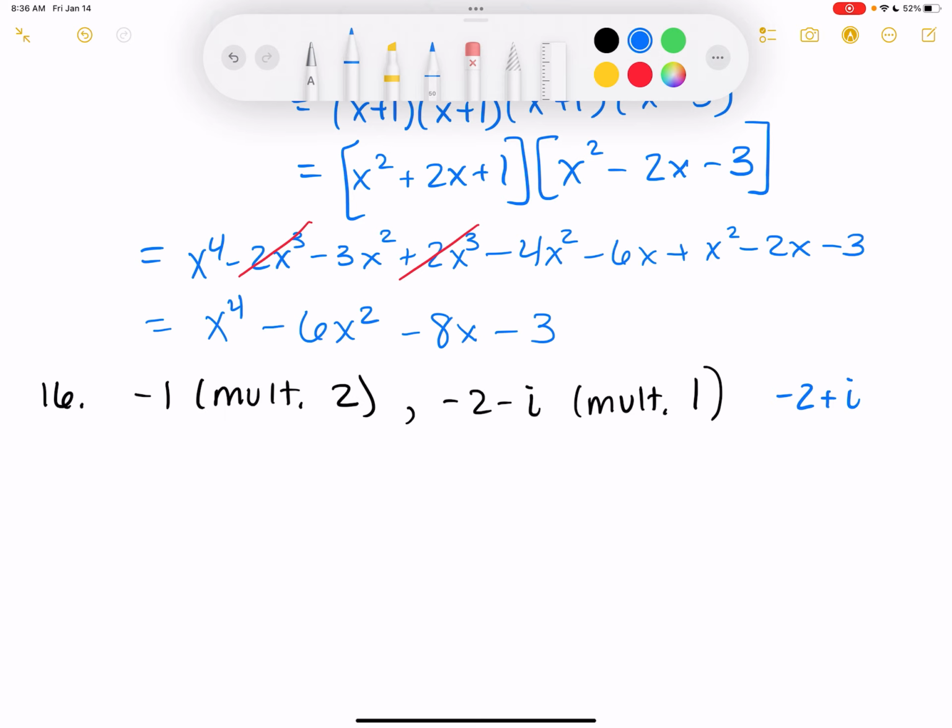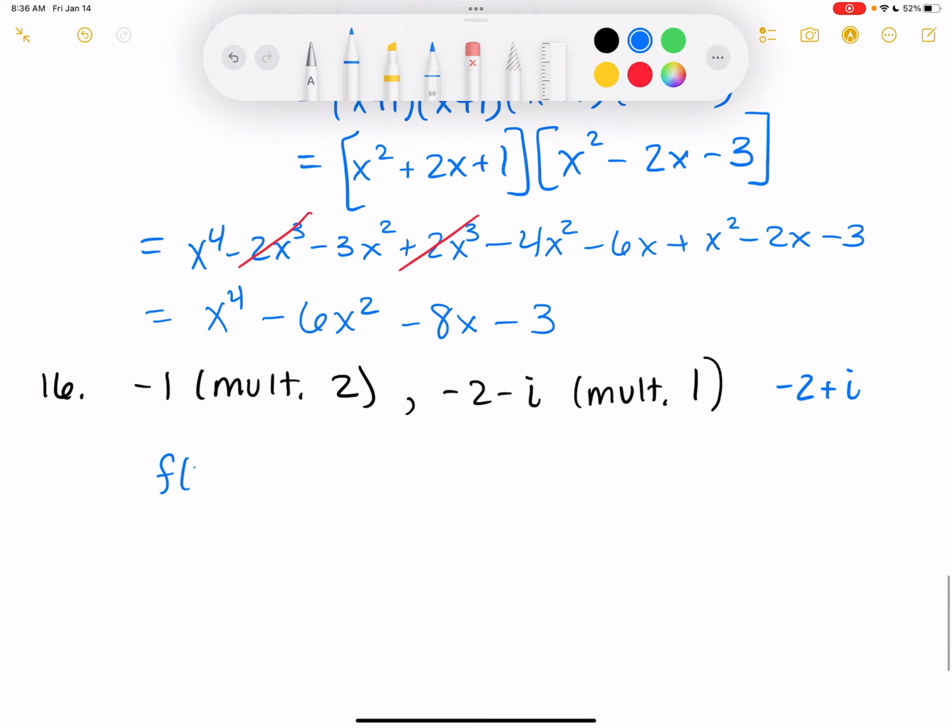So x equals negative 1, x equals negative 2 minus i, and x equals negative 2 plus i.